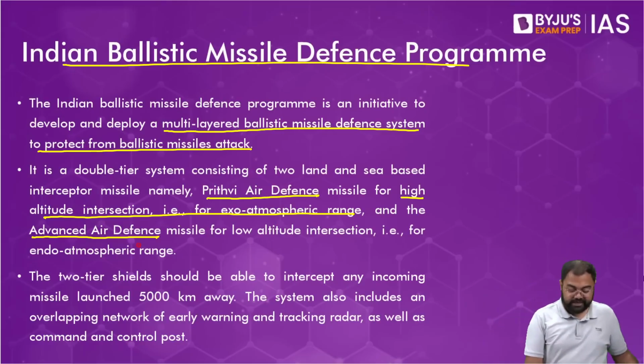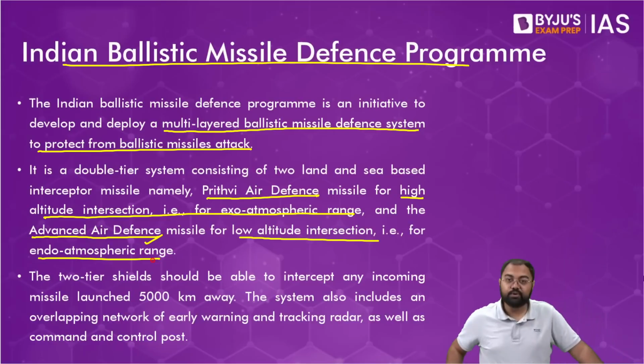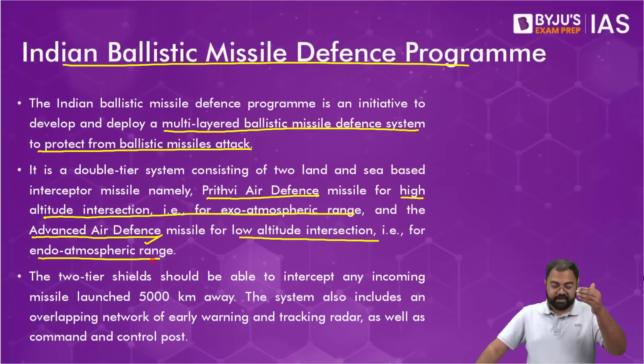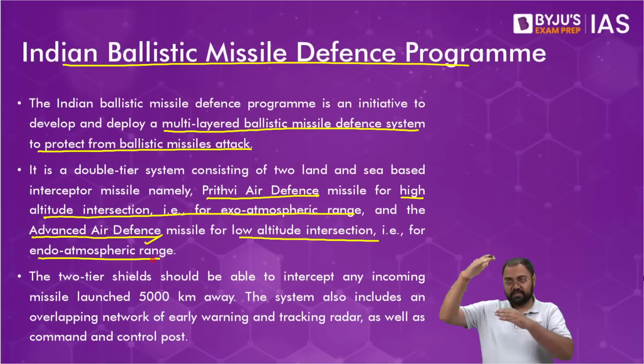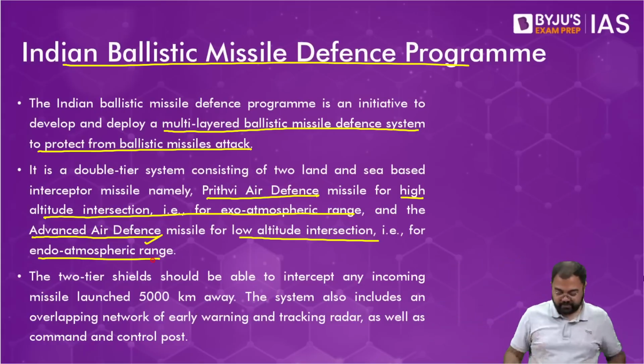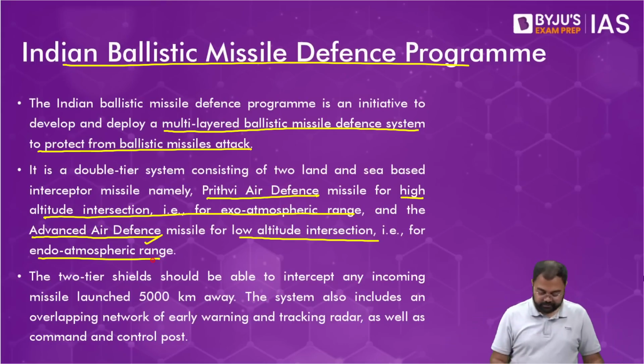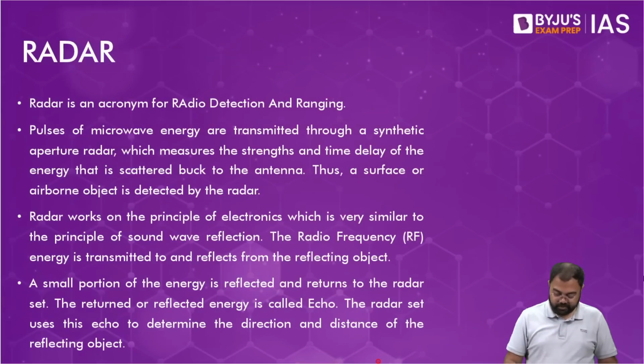Whereas the advanced air defense is meant for low altitude interception, meaning the endo-atmospheric range. So one is meant for the higher part of the atmosphere, and the second one for the lower part of the atmosphere.